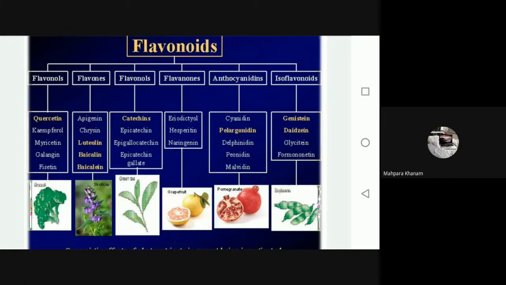Am I right? Okay, ma'am. Basically you have to remember all these terminologies with respect to the particular food product. Got it?